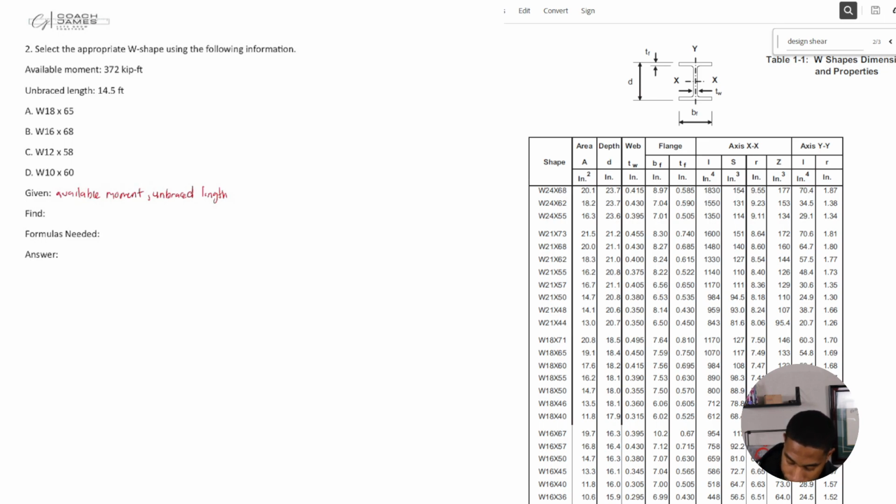The W shape. So we really gotta figure out how to get this. So formulas that we need, how can we get a W shape given the information that we have?